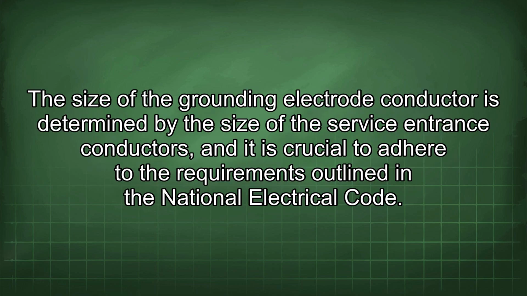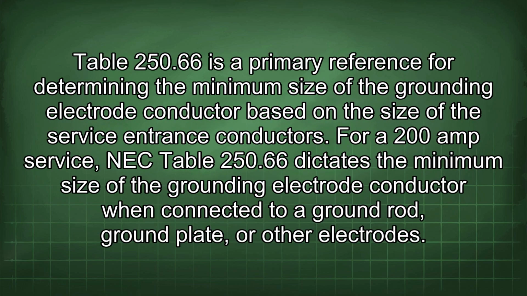The size of the grounding electrode conductor is determined by the size of the service entrance conductors, and it is crucial to adhere to the requirements outlined in the National Electrical Code. Table 250.66 is a primary reference for determining the minimum size of the grounding electrode conductor based on the size of the service entrance conductors.